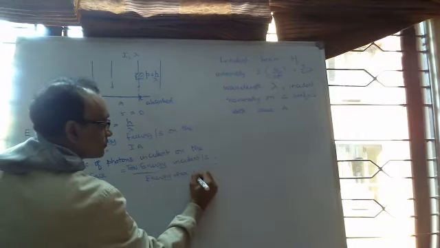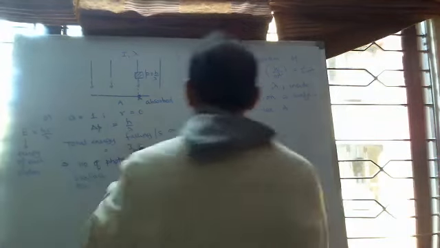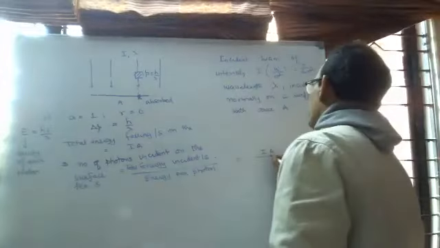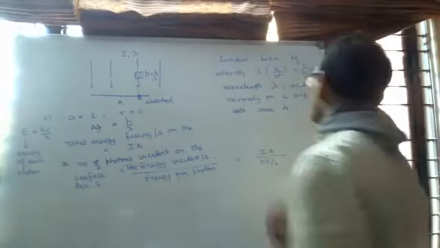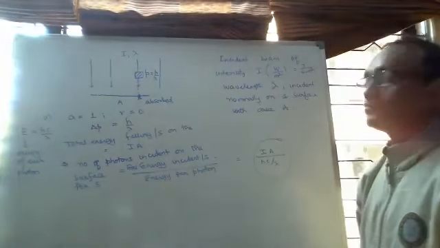Total energy incident per second is I into A, divided by energy per photon, hc by lambda. So this would be the number of photons per second.